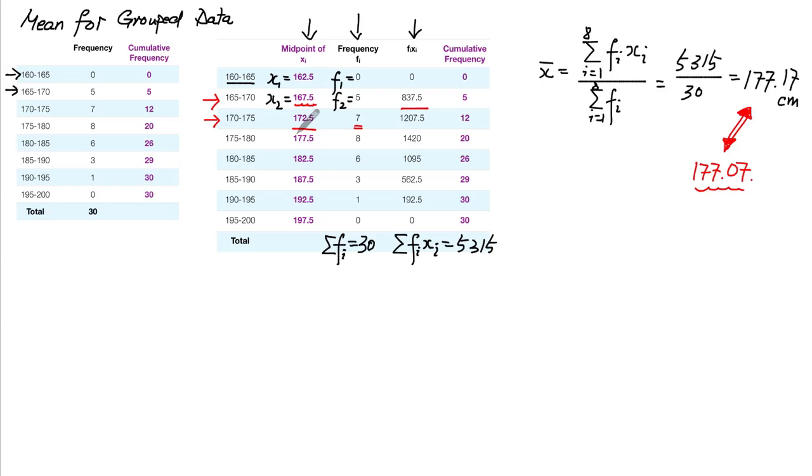Do the same thing for 172.5. We assume that there's 7 people that have a height of 172.5. So add that 7 times to get 1207.5, or 7 times 172.5. Do the same thing for each of the bins, and we are left with this part, or the numerator. Okay. And the denominator obviously is the size of your sample size.